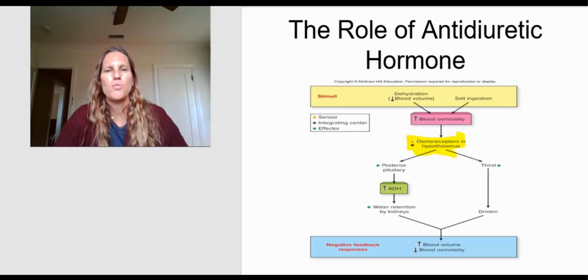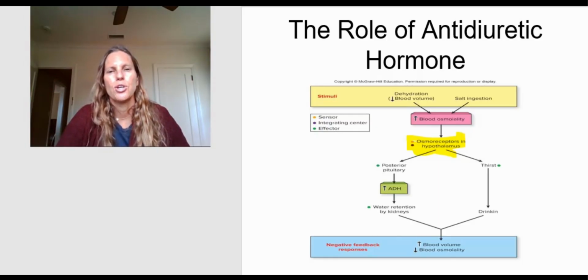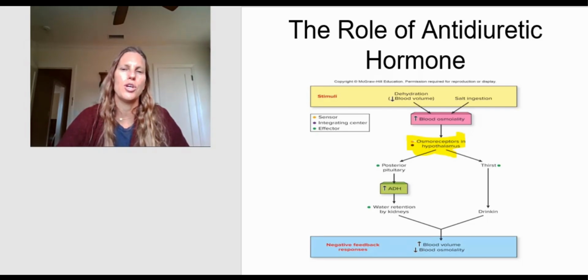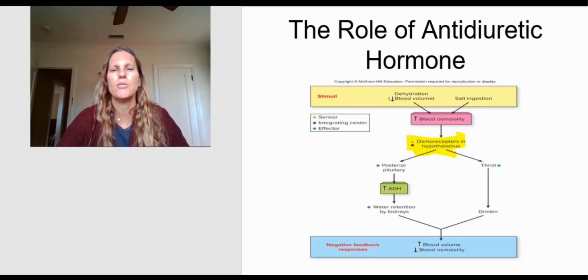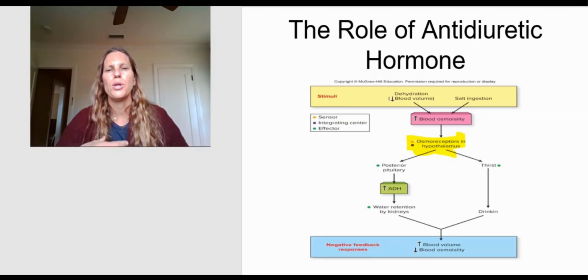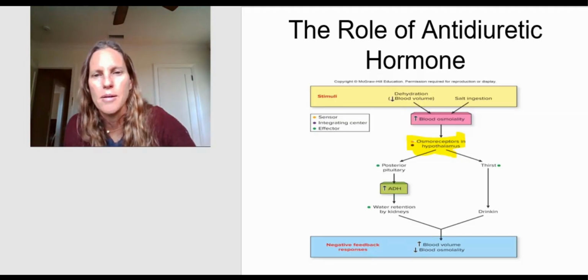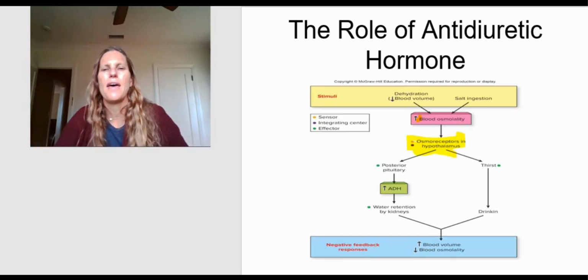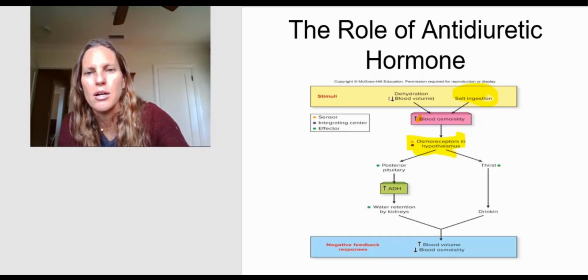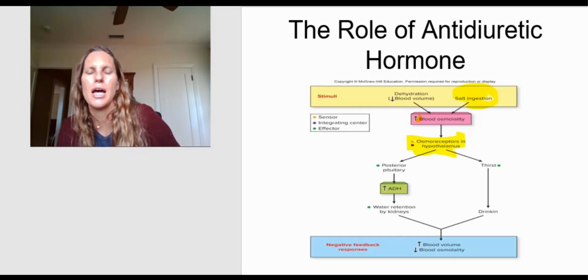So if you're consuming a tremendous amount of salt, you're eating Pringles, you're having Doritos, you're having a lot of prepared food that has a tremendous amount of salt in it, the increase in salt would make your blood more concentrated, which is what we're talking about here. It increases blood osmolarity.